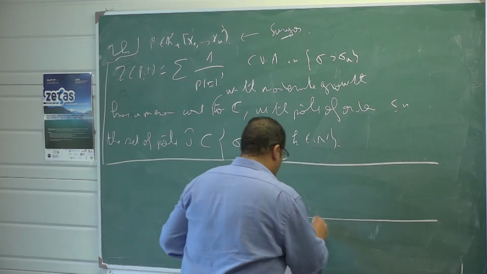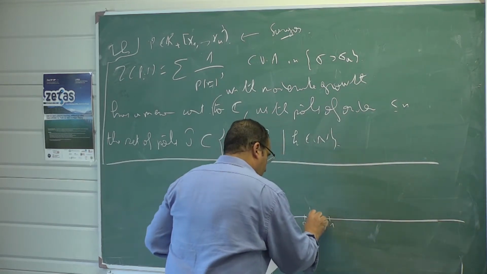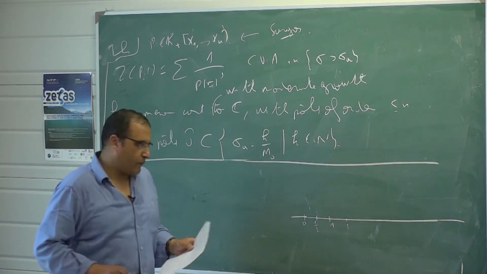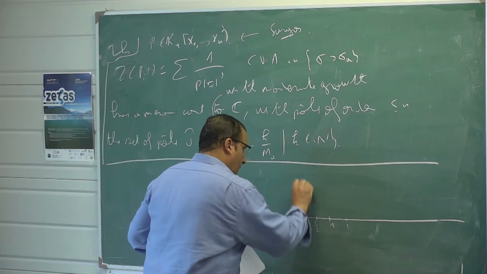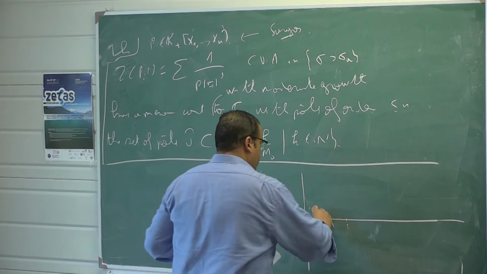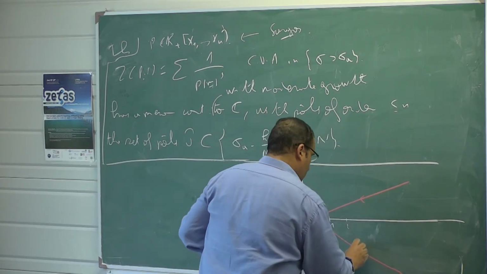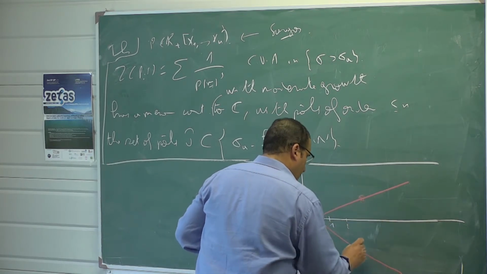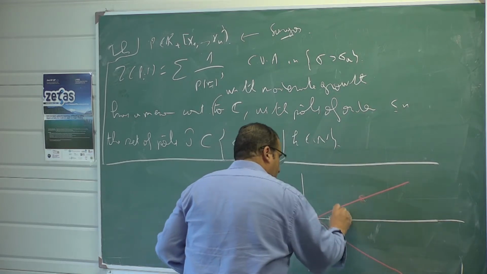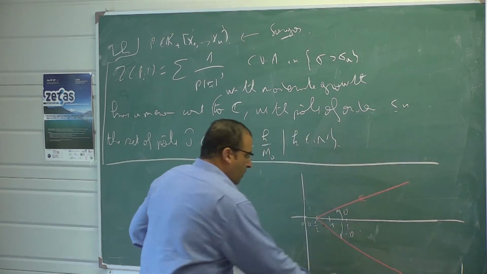Take the real axis: here you have 0, here you have 1, 2, etc. We take here 1 over 2. Here we have the integral points, and we will consider this path. Here we have the angle theta, minus theta, and we consider this path.